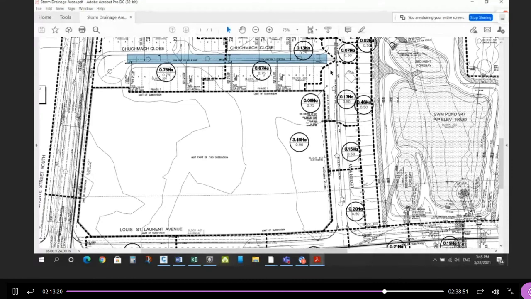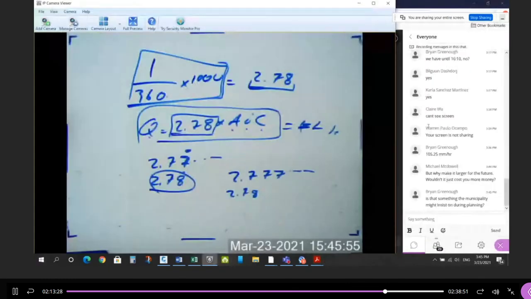Okay, so should you do this every time? No. Do I know the whole backstory? Do I know the client? Do I know all the details of what's happening here? Absolutely not. Okay, I'm just speculating. Is that something the municipality might insist on during planning? You know what? They wouldn't. As long as you show them what your assumptions are, and that's what they did, right?